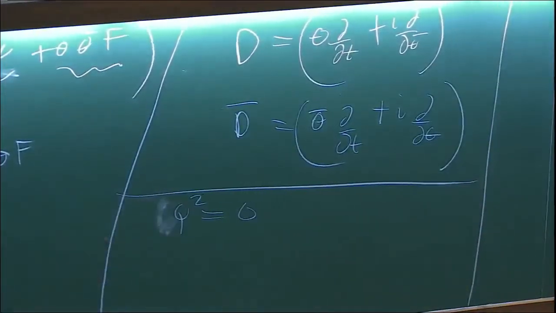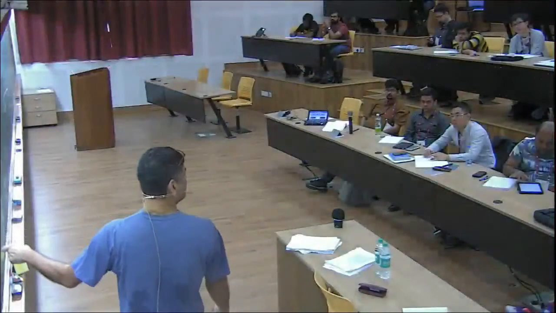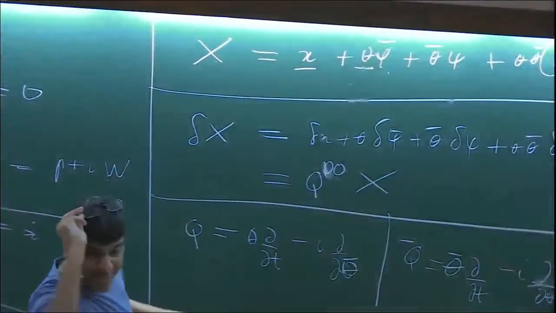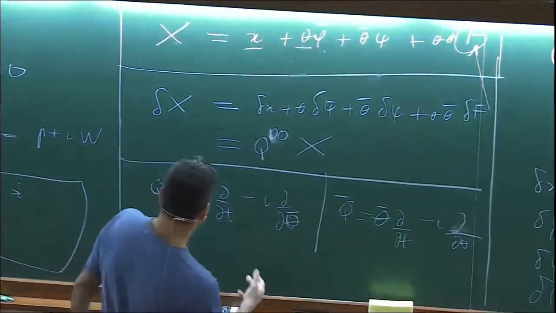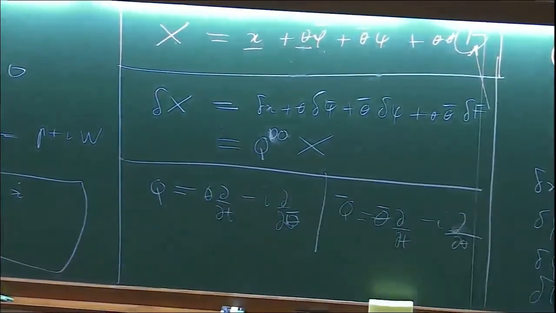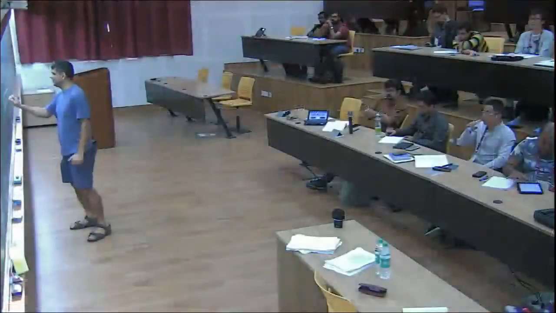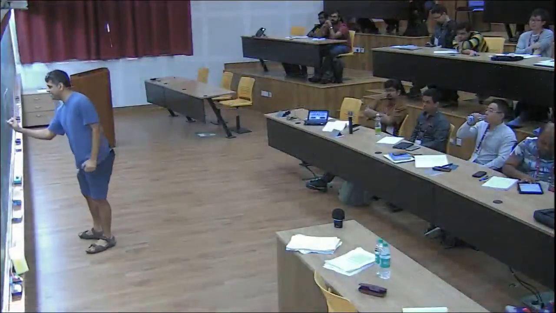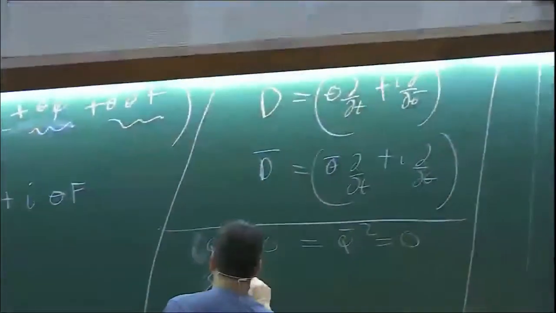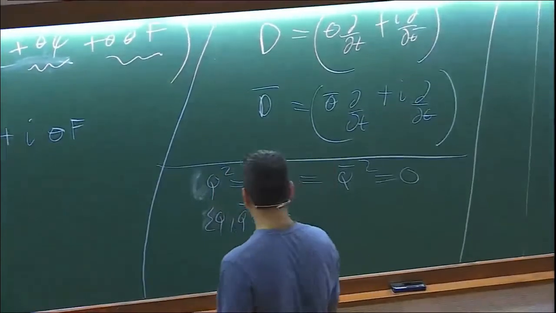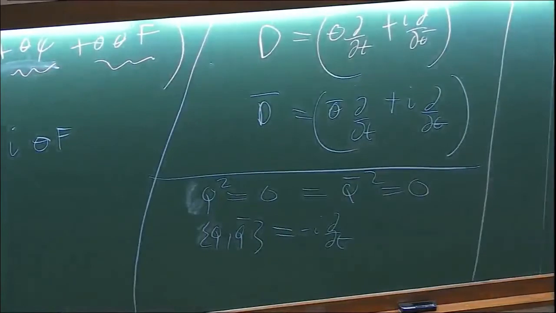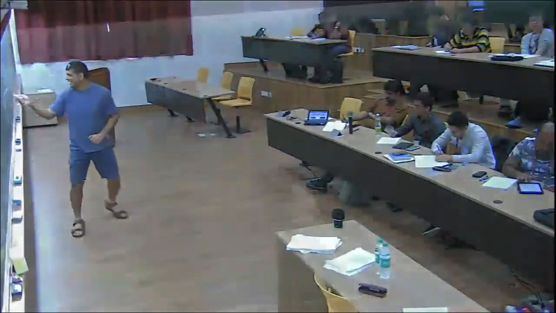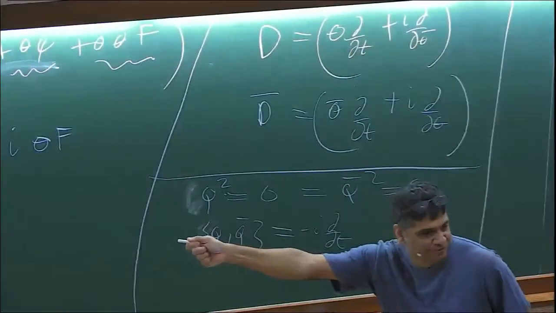That's obvious. This part is obvious, right? Is it true that q squared is equal to 0, q bar squared is equal to 0, and the anti-commutator of q with q bar is equal to whatever it should be, minus i del by del t? This guy and this guy are sort of immediately obvious.